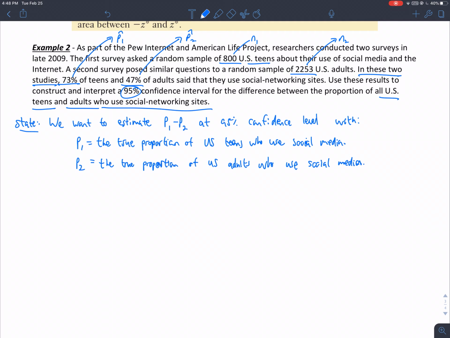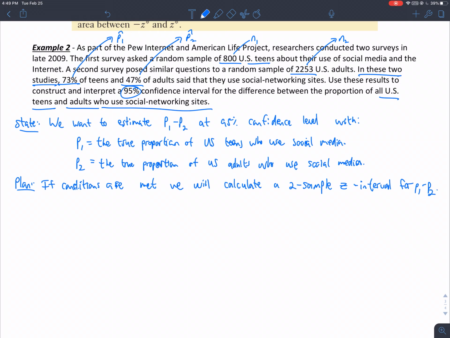Okay, and then so we did our state part. We said what we're gonna do. Then of course we need plan, and so we say if conditions are met, we will construct a 2-sample z interval for P1 minus P2.